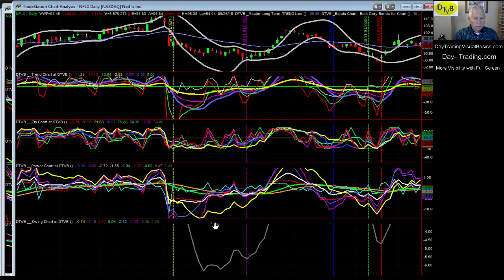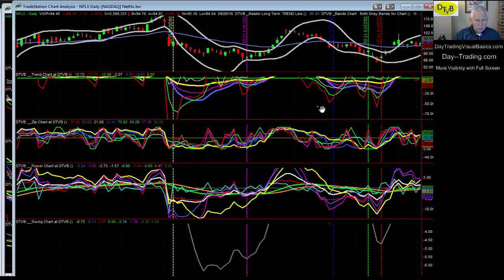You might say you're on a triple bottom scenario, and that's part of what, in my opinion, we can see in the swing gray, we can see it in the power yellow, and it's not as visible in some of the other patterns. You might say it's in the trend red, but it's really not. It would be tough to pick that up without the other charts. So that's the pink line. Sorry about going over to the yellow line.